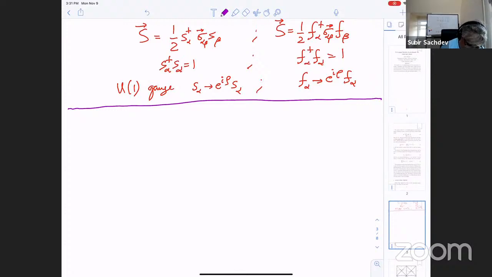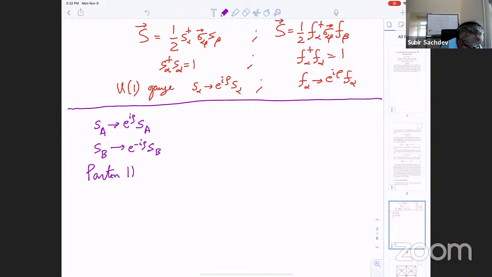this gauge symmetry. So you had a U1, so you had two sublattices, and on the A sublattice, s A goes to e to the i rho s A, and on the B sublattice, this went to e to the minus i rho s B. So A and B are the two sub-square lattices, and under this, the parton Hamiltonian was invariant.